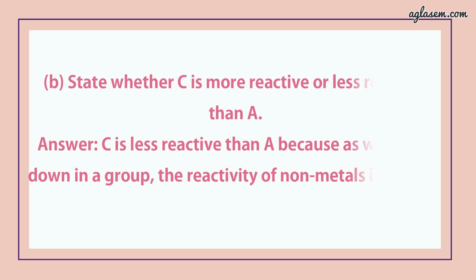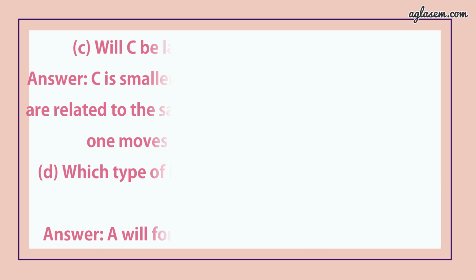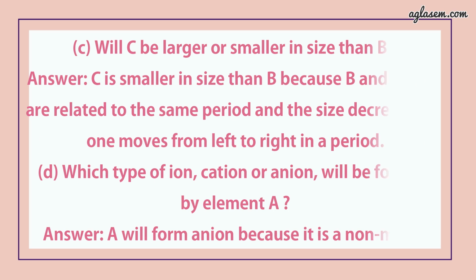Further, B part says, state whether C is more reactive or less reactive than A. Answer is, C is less reactive than A because as we move down in the group, the reactivity of non-metals decreases.